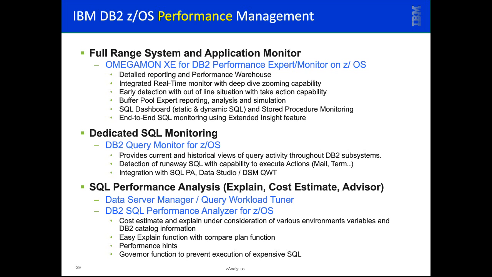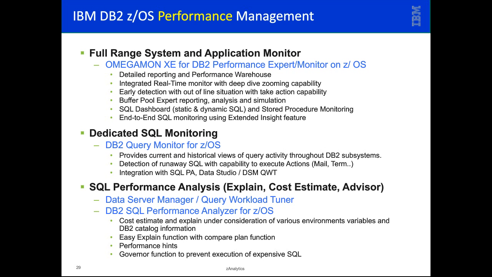As you know, we can now determine where the bottlenecks are in your server, in your network, or your app, or DB2 as well. We've got a dedicated SQL monitor, Query Monitor, and this is a tool that you can use to do dedicated SQL performance tuning and recommendation, and all of these tools integrate with one another: SQL PA, Data Studio DSM, and Query Workload Tuner.